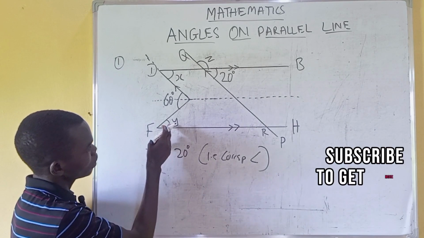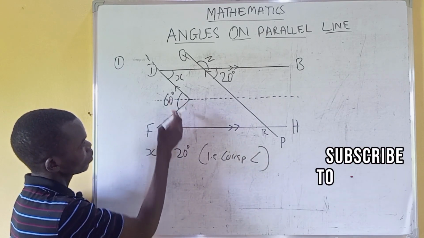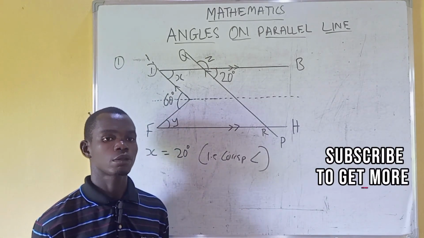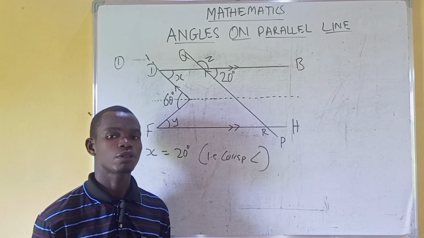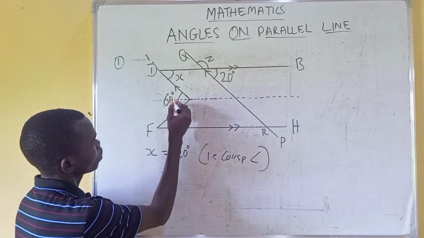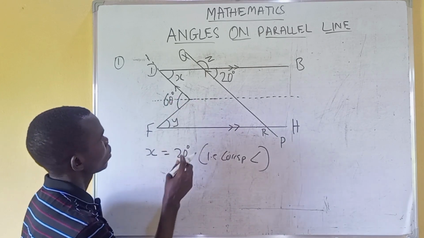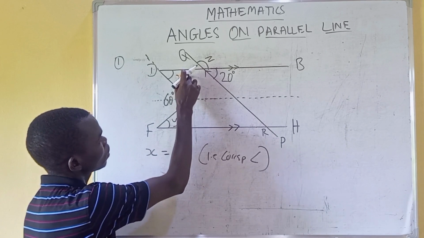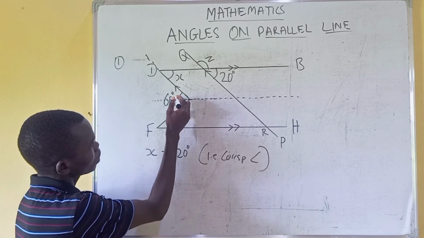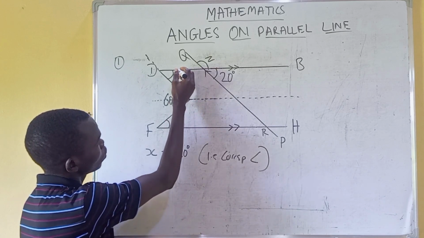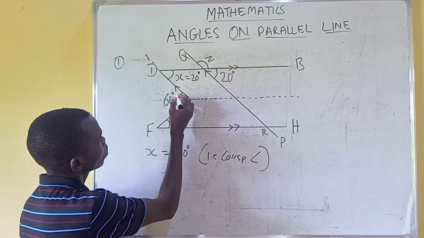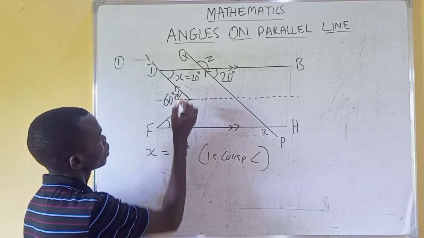If you consider this angle with this angle, this will be alternate to this angle, since alternate angles are angles on opposite sides of a transversal, within two parallel lines. Y will now be equal to this angle. We have already gotten S to be 20 degrees. S is also alternate to this angle, so here will be 20 degrees.